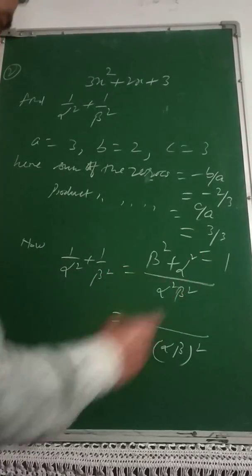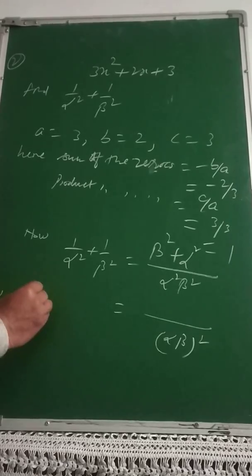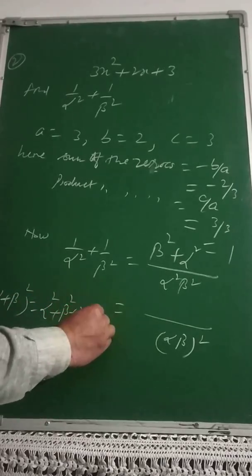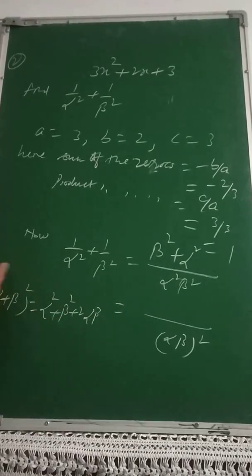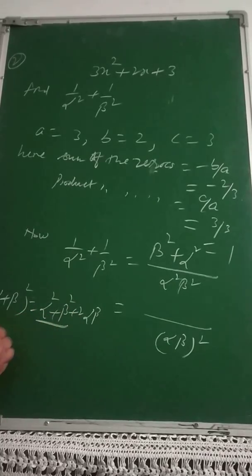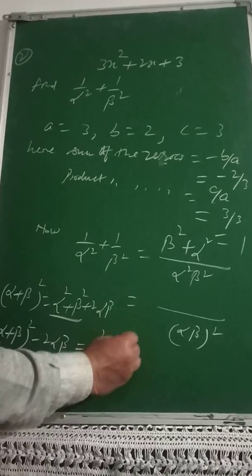And for alpha square plus beta square, we know that alpha plus beta whole square is equal to alpha square plus beta square plus 2 alpha beta. So I need to write the value of alpha square plus beta square in terms of the sum of the zeros. So it becomes alpha plus beta whole square minus 2 alpha beta.